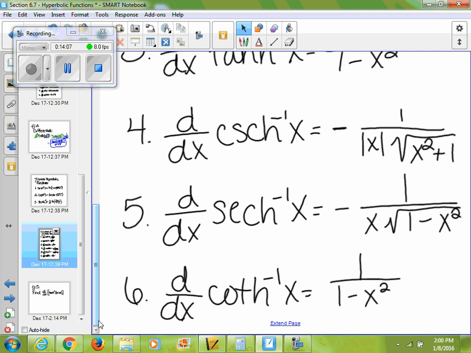And then our last 3 trig functions. The derivative of the inverse hyperbolic cosecant function in terms of x is equal to negative 1 divided by the absolute value of x times the square root of x squared plus 1.